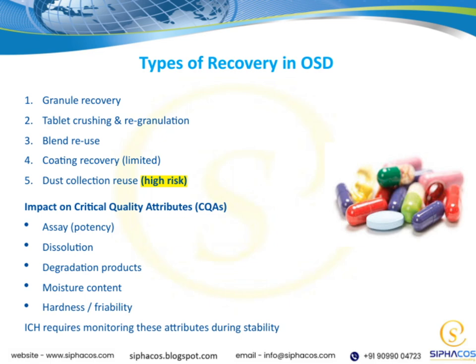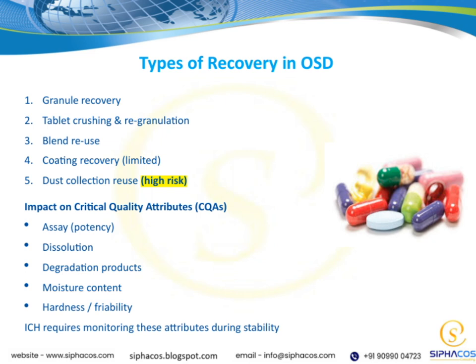Now, how do these recovery methods impact the critical quality attributes, or CQAs? Well, they can affect several key parameters. For example, potency or assay results can be altered if the recovered material isn't identical to the original. Dissolution rates may change if the recovery process affects the drug's release characteristics.